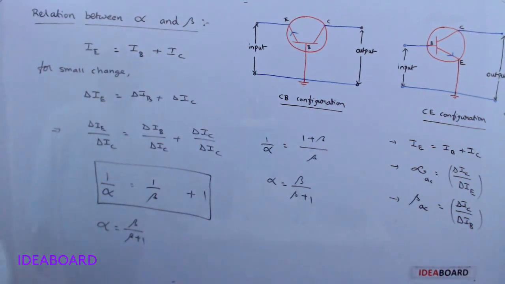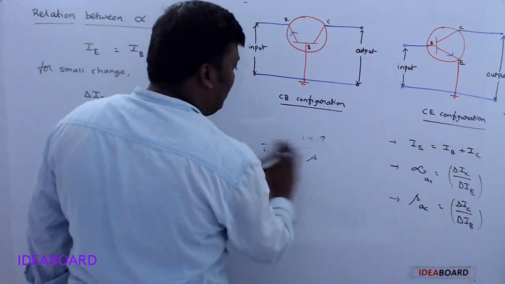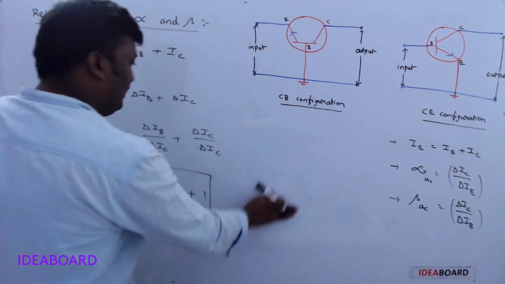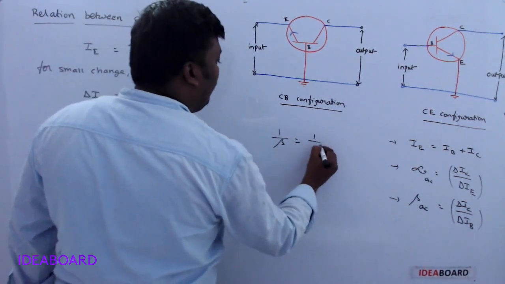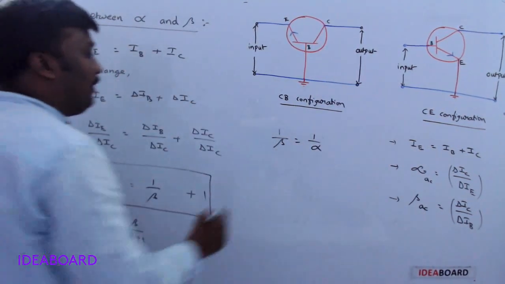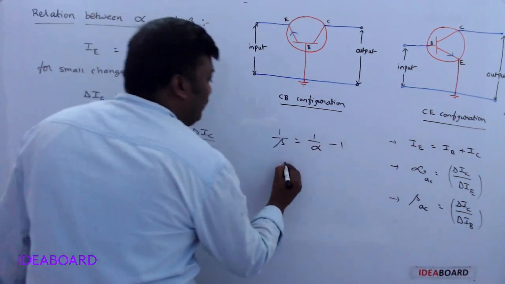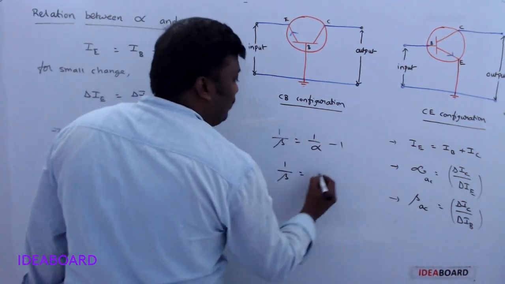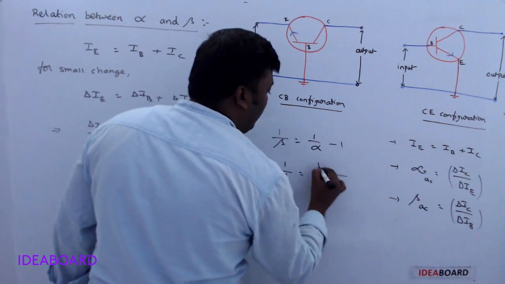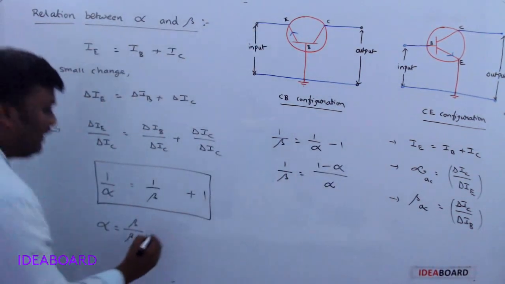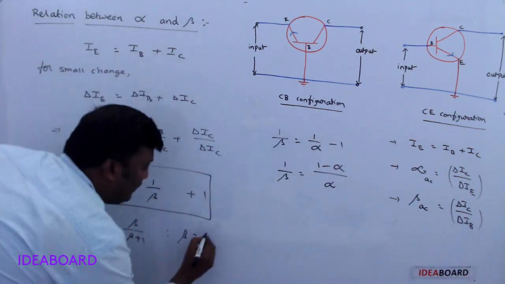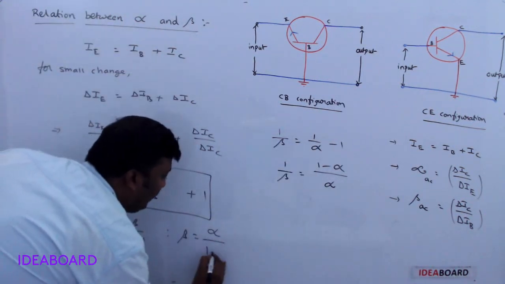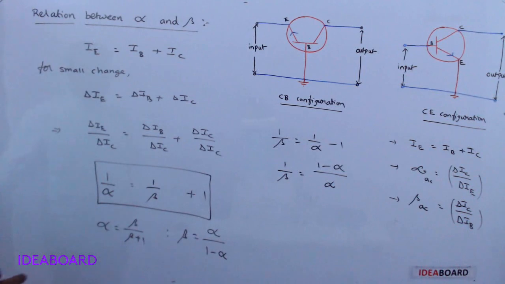If you want beta in terms of alpha, see here, 1 by beta is equal to 1 by alpha minus 1, taking this 1 to that side. So 1 by beta is equal to, LCM is alpha, 1 minus alpha by alpha. So what is the value of beta? Beta is equal to the reciprocal of this one, alpha by 1 minus alpha.